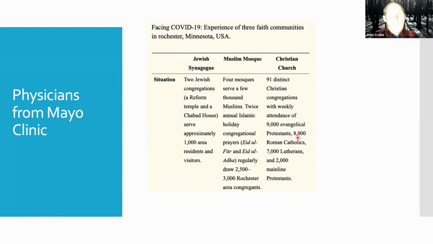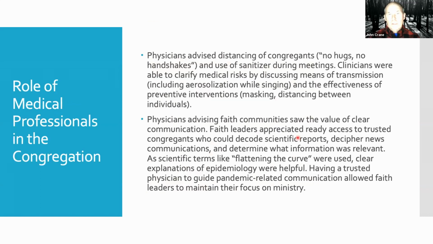So they gave their examples of the advice they gave to their congregations: no hugging and handshaking, use of sanitizer, wearing masks, distancing between people in the pews in their congregation, and so on. And then also just help to interpret medicalese jargon like flattening the curve and explaining things in more practical terms of what it actually means in the actual place where people are meeting to worship.